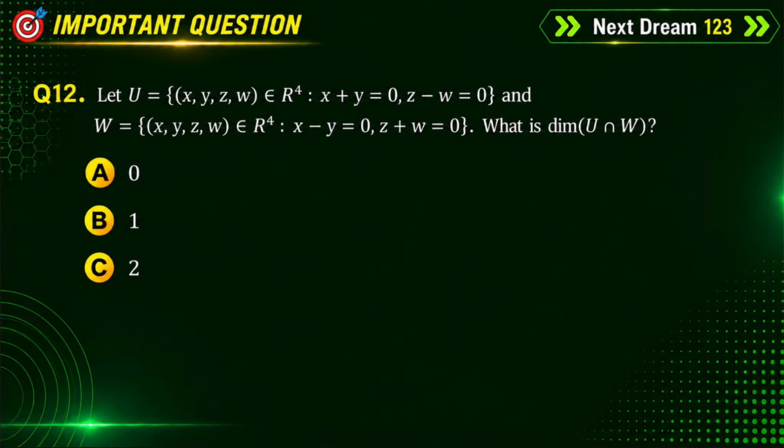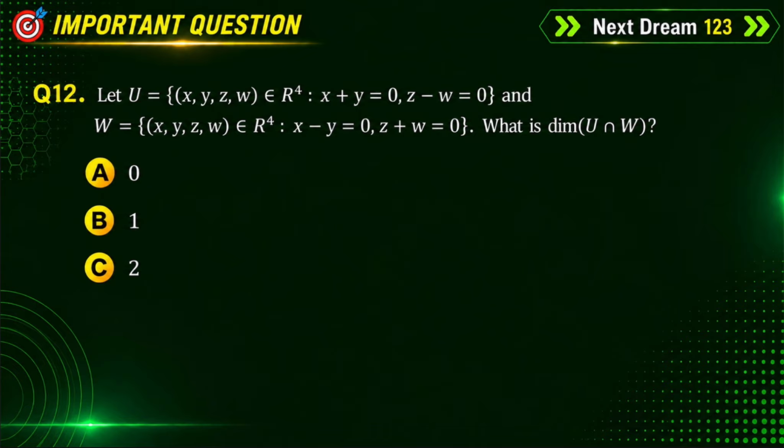And this is the 12th question. Let U be equal to this and W be equal to this; the sets are given like this. What is the dimension of U intersection W? This is also an important one. Just try this question once.